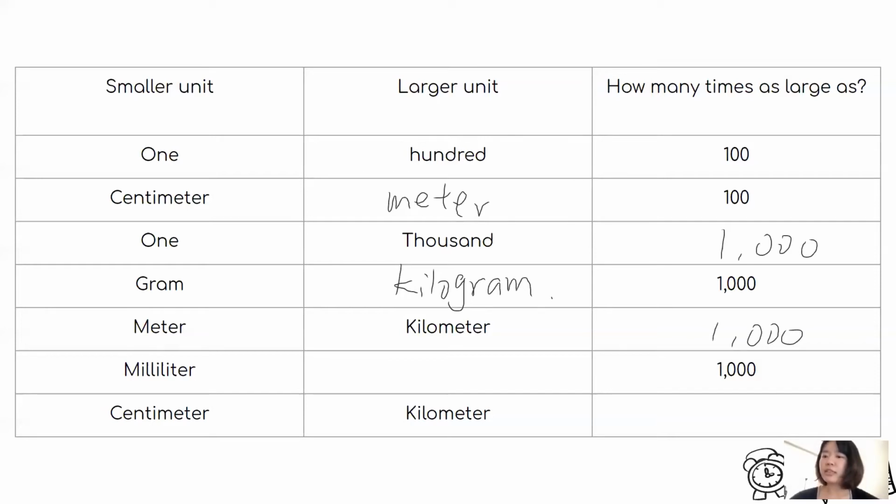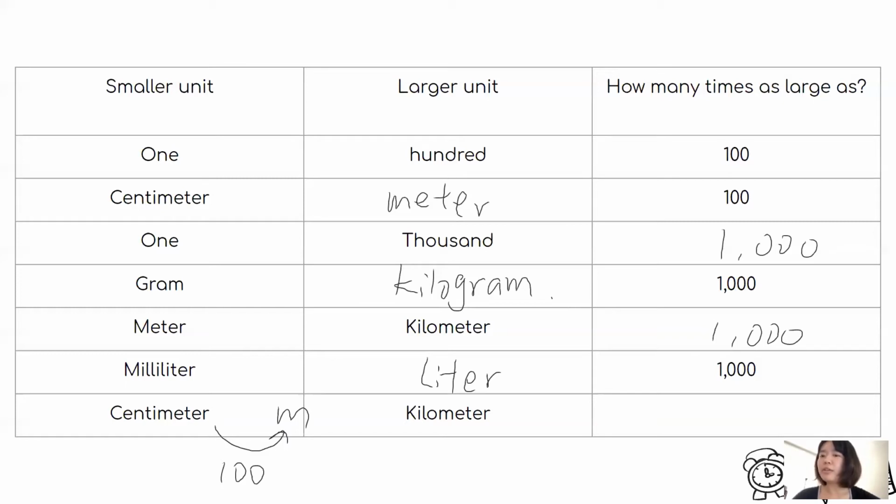Which unit is 1,000 times as large as milliliter? That is liter. And how many times difference between centimeter and kilometer? As we know, meter is 100 times as large as centimeter. So when centimeters go to meters, that will be 100 times.